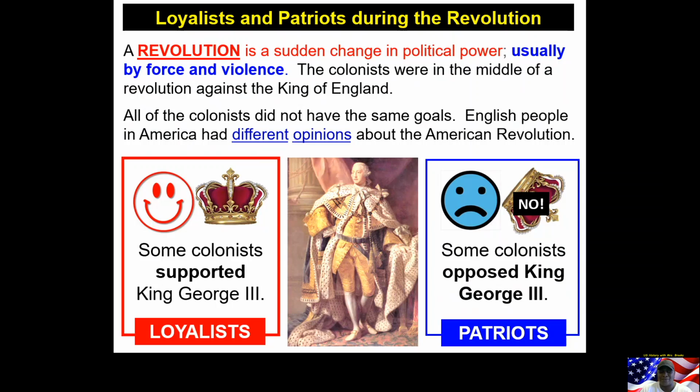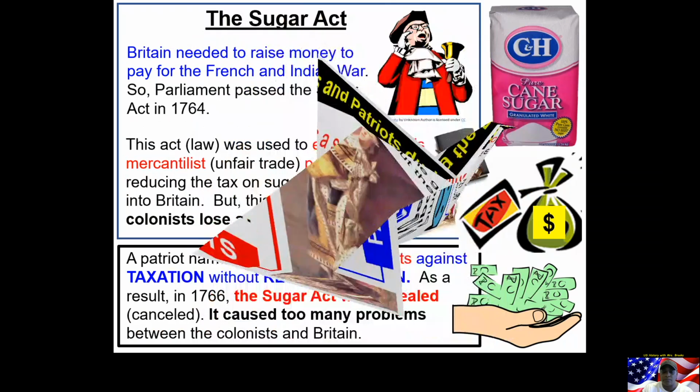They're like, it's on. We need to show him. He can't be disrespecting us like he is. We don't like him. Yeah, those are Patriots. So they have different opinions about America. The loyalists, they support the king, but the Patriots, they don't. They don't like the king.